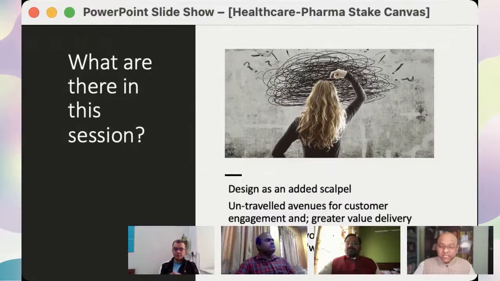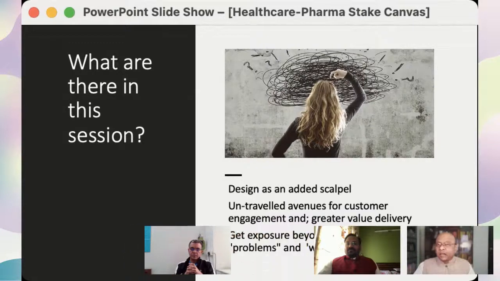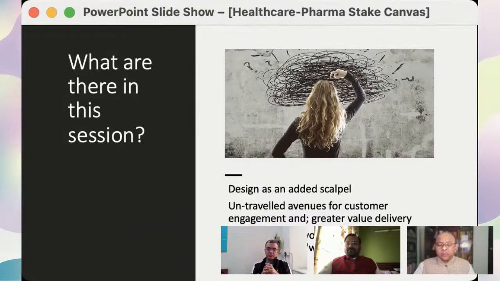So for this session, what are the key areas we should discuss? I have pointed out three major points here. For the healthcare professional, can design be an aided scalpel? It is like you are getting an additional instrument to operate on a very complicated surgery.